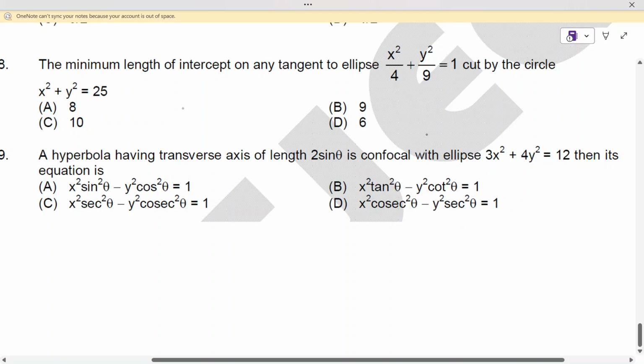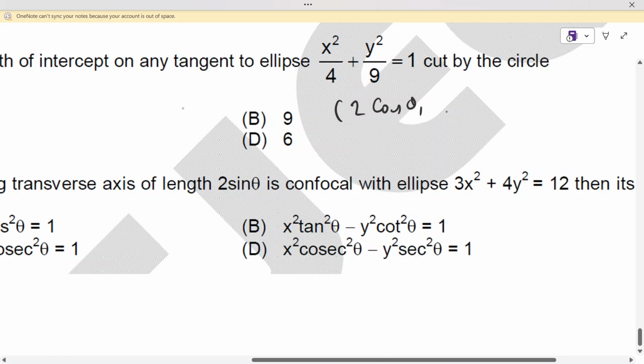So any tangent of this form will be what? x by 4 into 2 cos theta. The point is 2 cos theta comma 3 sin theta.